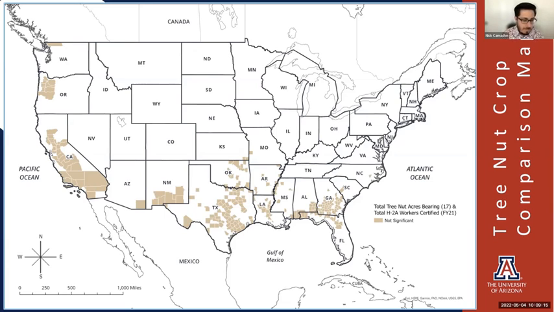The last crop comparison map that I conducted was with tree nuts, and it did not identify any significant relationships between tree nut acres and certified H-2A totals. All counties bearing tree nut commodities in 2017 show no significant confidence between the two variables shown here.